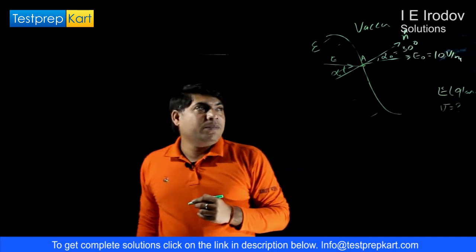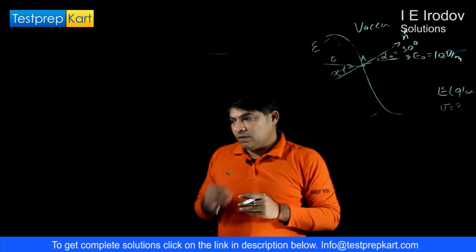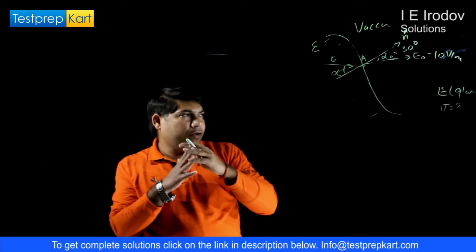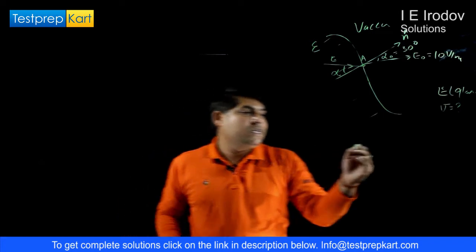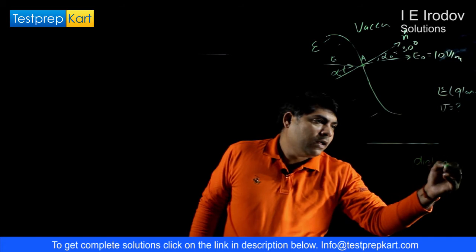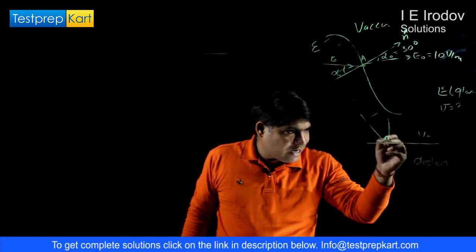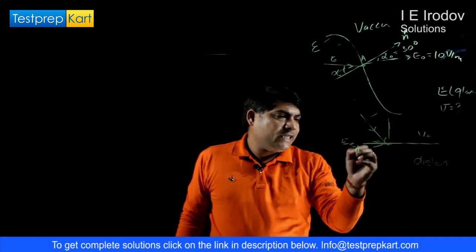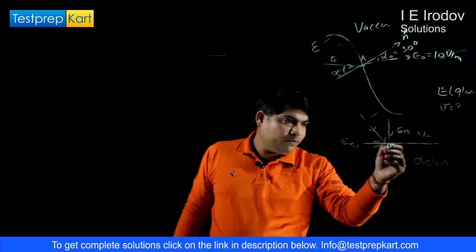So let's see. Basically, this problem belongs to a boundary value problem. Boundary value problem means when an electric field passes from one region to another, and that boundary is between dielectric and vacuum, and the electric field is coming at a certain angle, there will be two components: one is the tangential component, another is the normal component in medium 1.